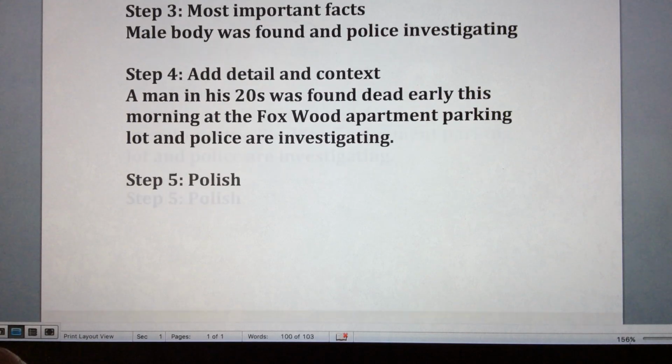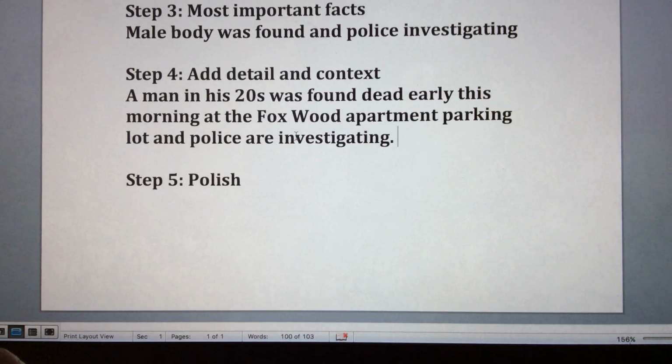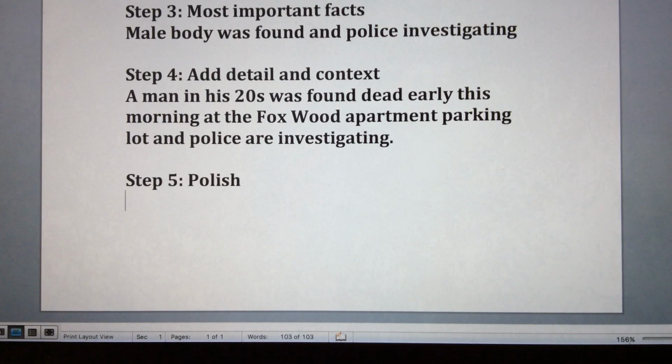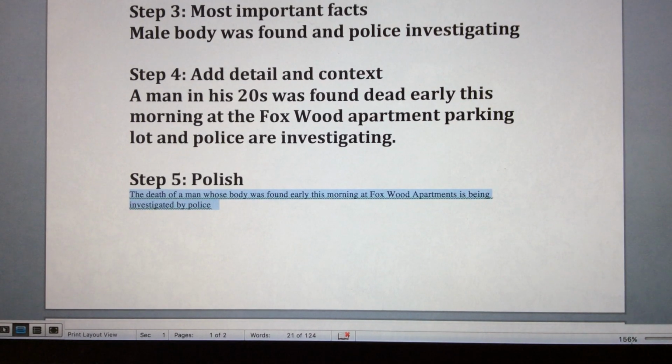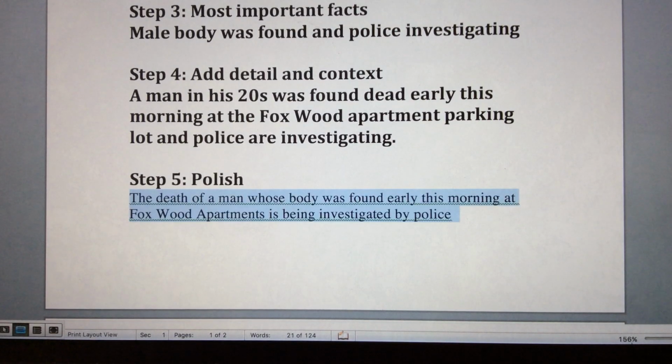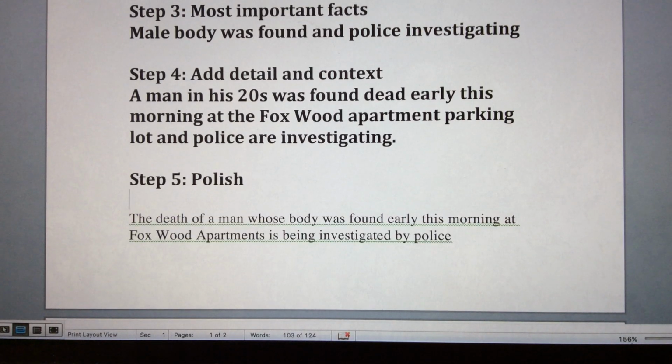So let's go ahead and polish this sentence now. And I'm going to just paste in the sentence that is included on your document. Let's make that a little bigger. So here we have, The death of a man whose body was found early this morning at Foxwood Apartments is being investigated by police.